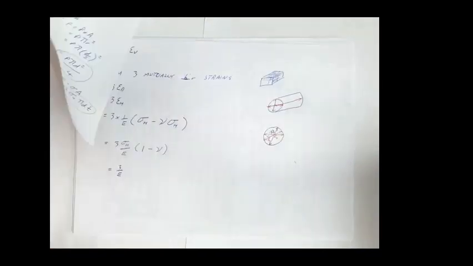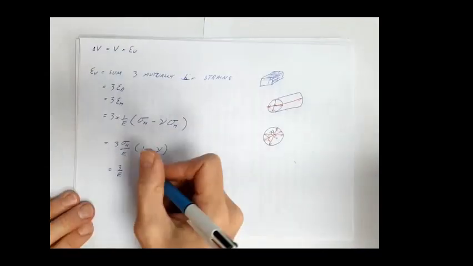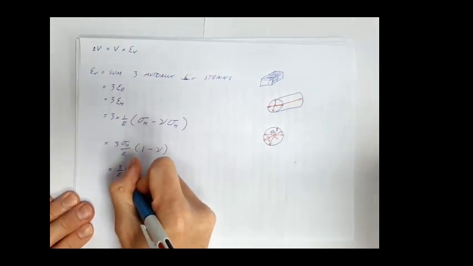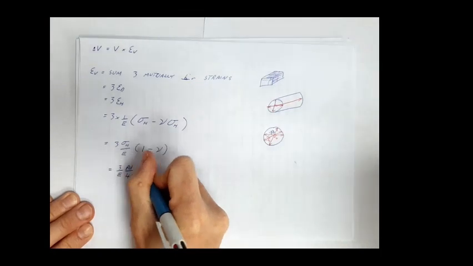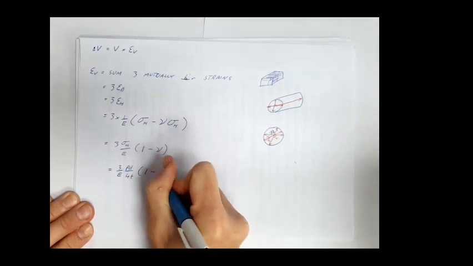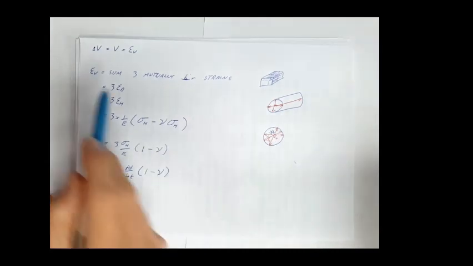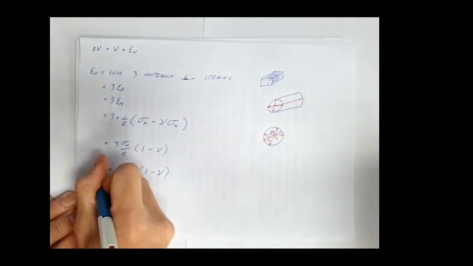Okay, so let's plug that in. So we've got 3 PD over 4TE, 1 minus Poisson's ratio. So that's our volumetric strain for our sphere.